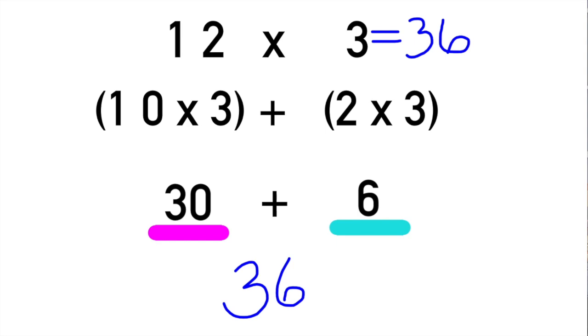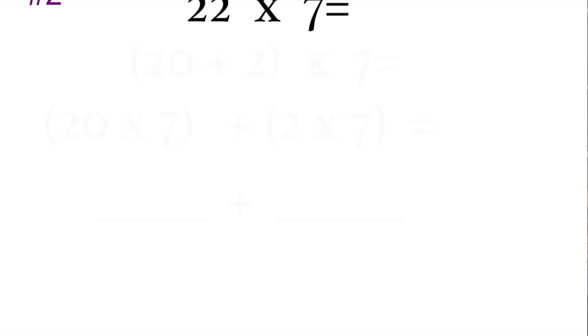Let's go ahead and move on to our second problem that we're going to work on together. So distributive property using 22 times 7. So write that down. 22 times 7. The first step we need to work on is that number 22 needs to be written in expanded form.